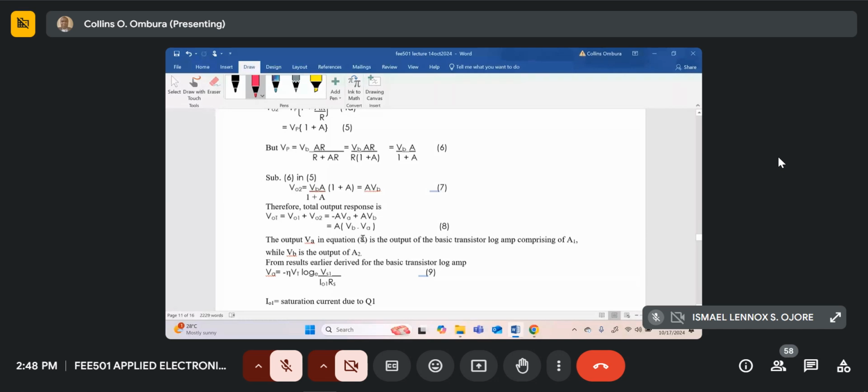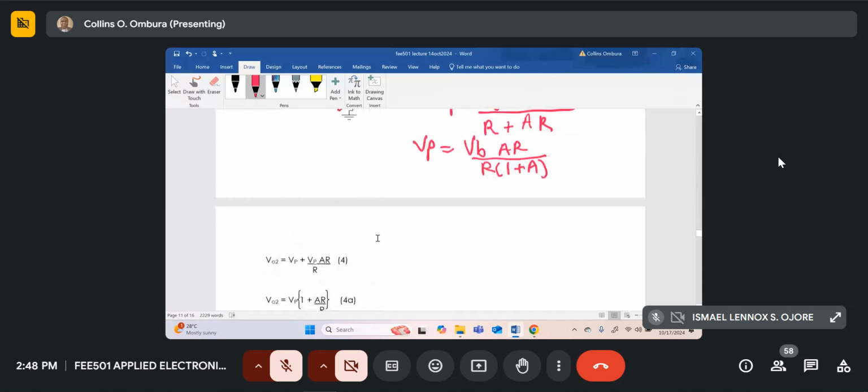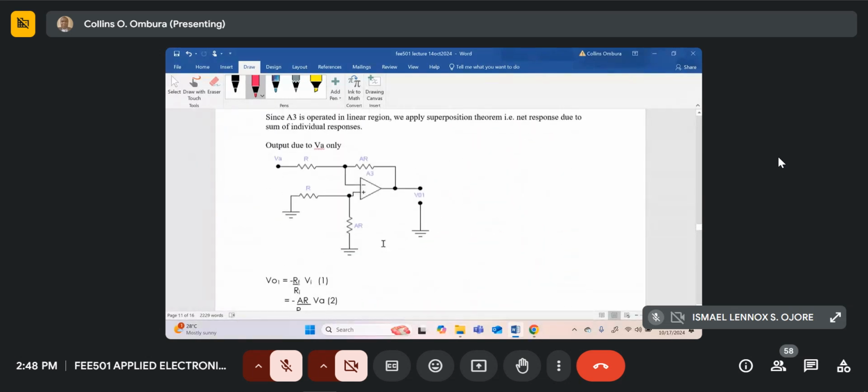So basically, in this equation 8, VA is the output of the log amp comprising the first op-amp, and VB is the output of the log amp comprising the second op-amp. And that's what we started with in the beginning.